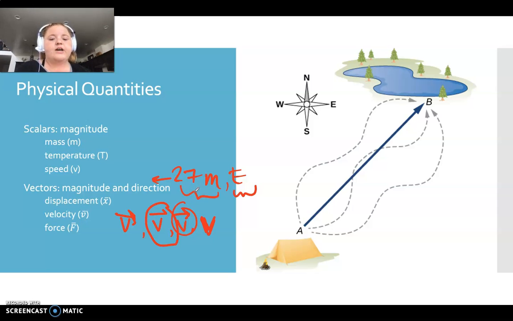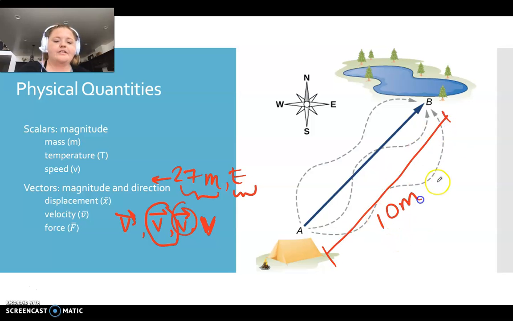Okay. Now we have this illustration here just to kind of show you the idea of vectors. So if I'm traveling from point A to point B, my vector from A to B is going to be a straight path, and it has a magnitude and a direction. So say that this is, I don't know, 10 meters.